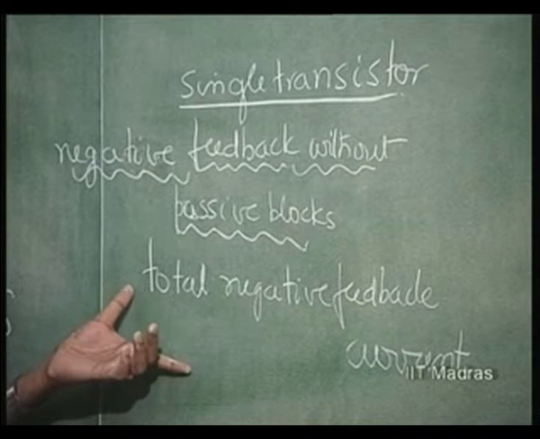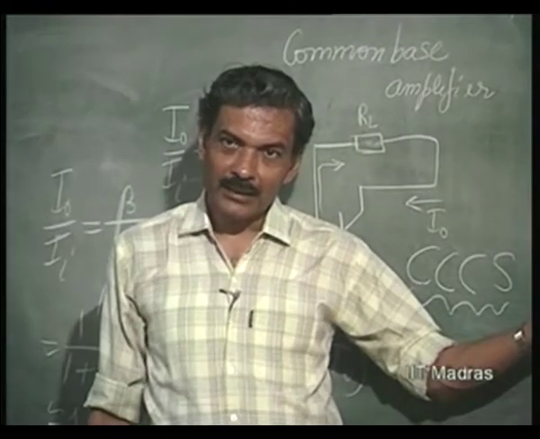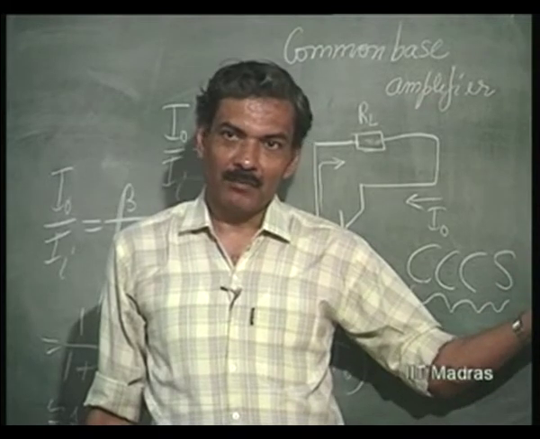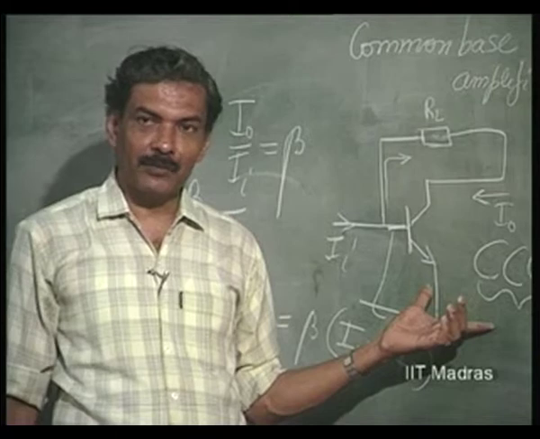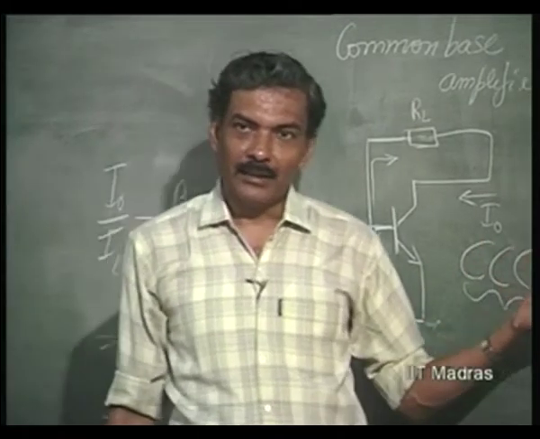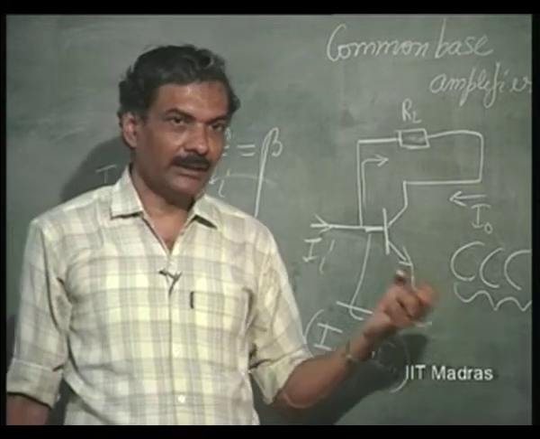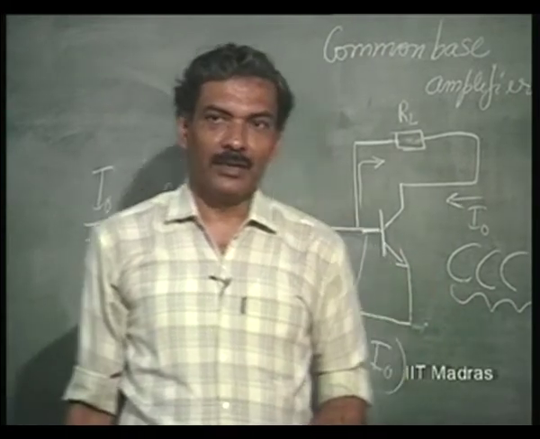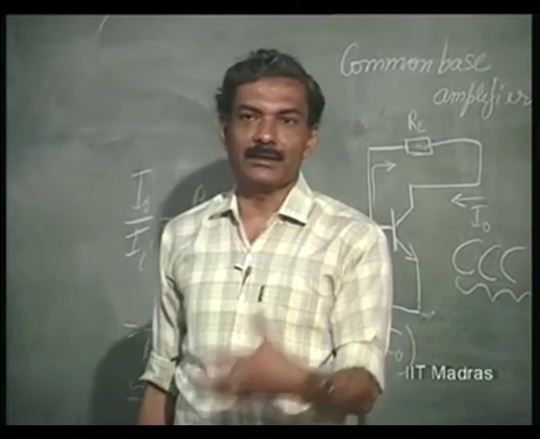It is the current gain whose bandwidth is improved by a factor of beta plus 1 in the case of common base structure. It is the voltage gain whose bandwidth is improved by a factor of beta plus 1 in the case of common collector stage. Okay. So, this is the basis of the basic amplifier stages.